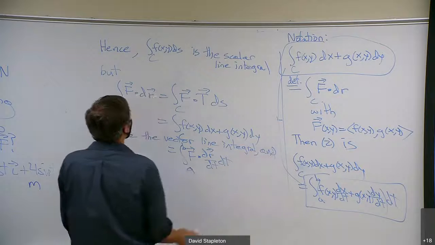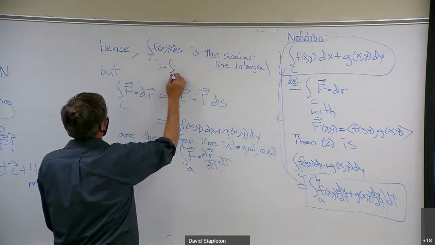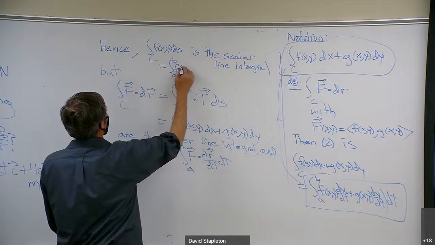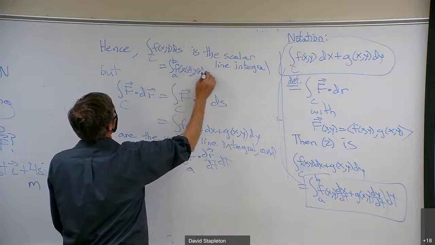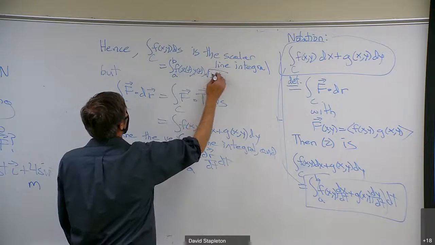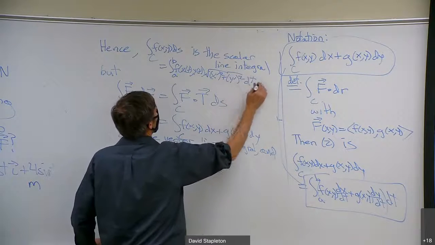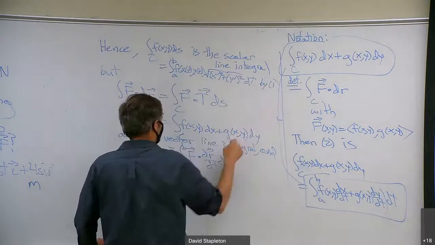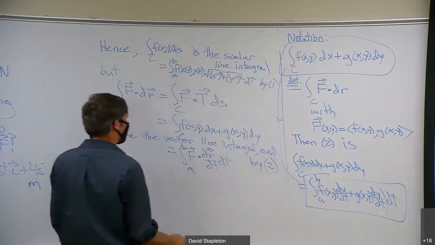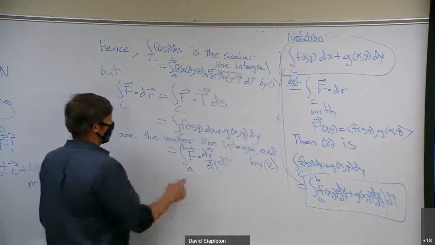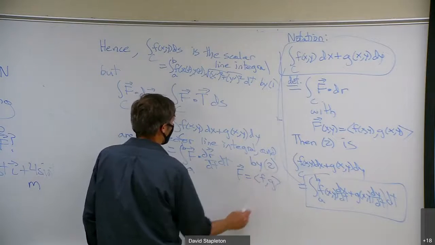And this one evaluates as the integral from a to b, this is formula 1. These all evaluate by equation 2 this way, where F has components little f and little g.